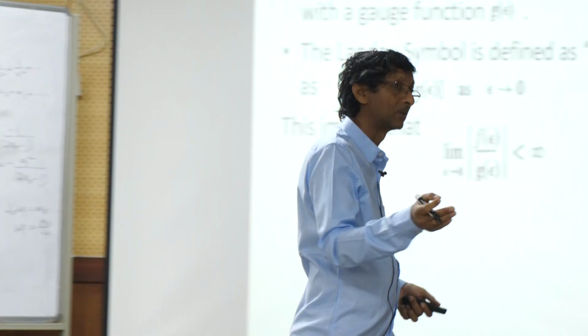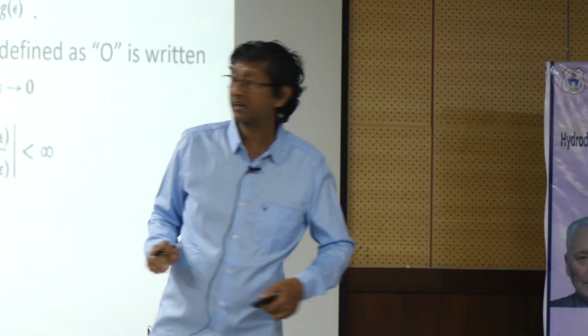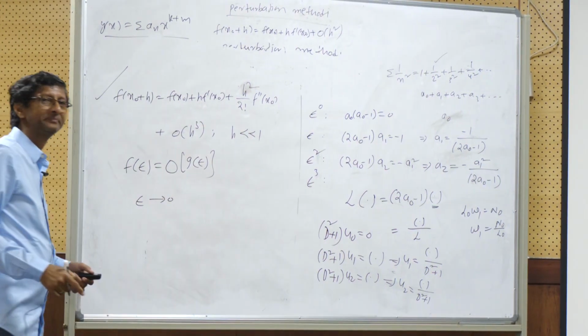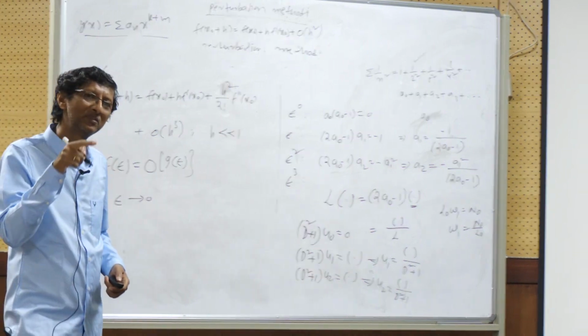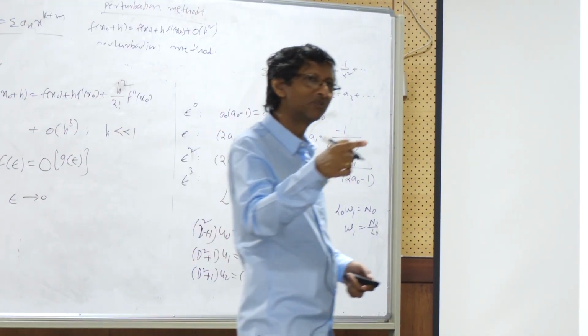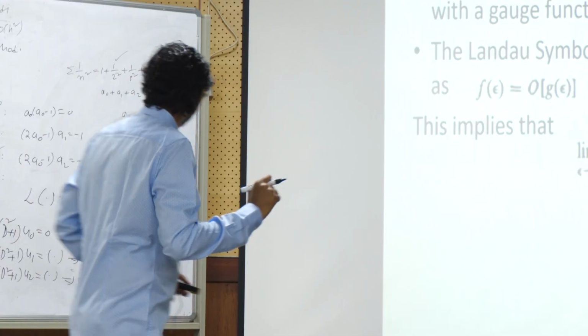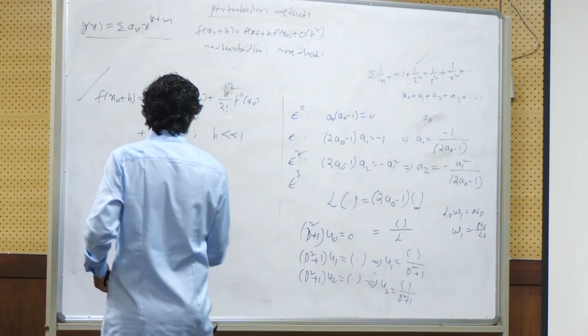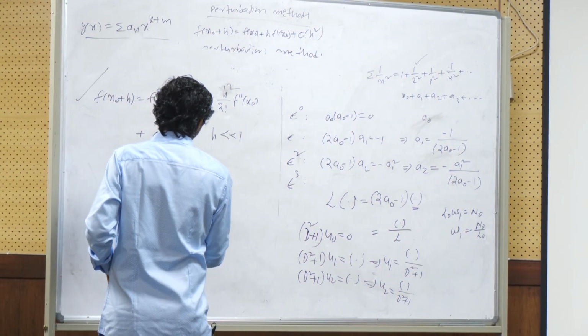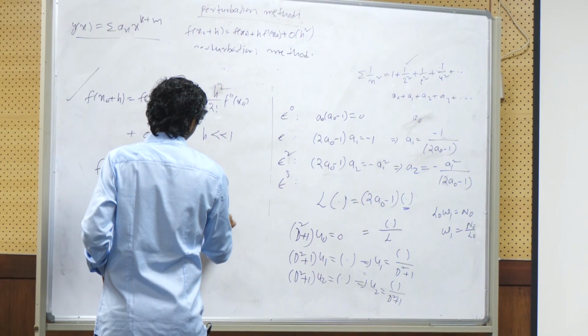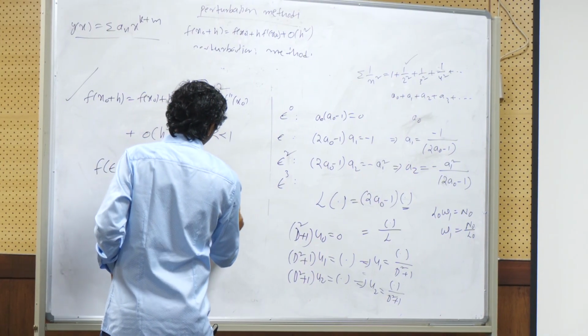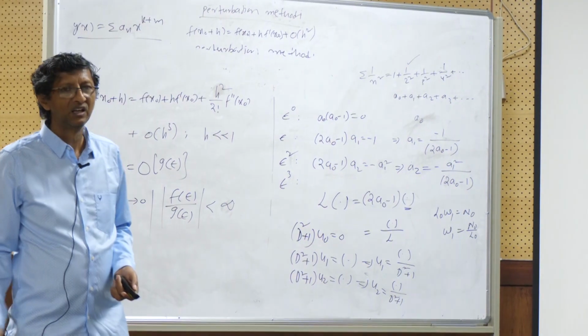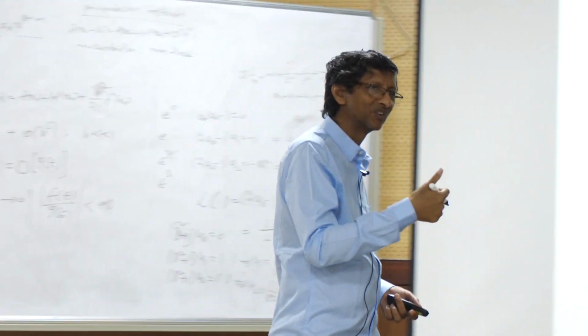It means that as epsilon becomes small, say 0.1, 0.01, 0.001, the ratio f of epsilon divided by g of epsilon is always bounded.